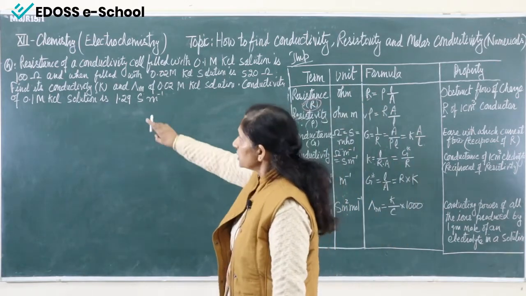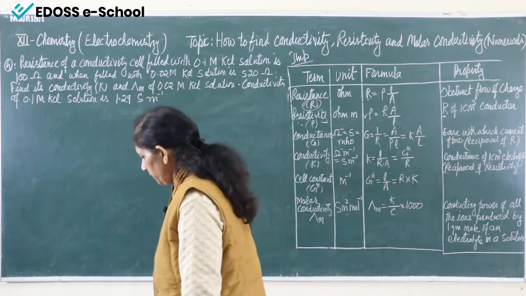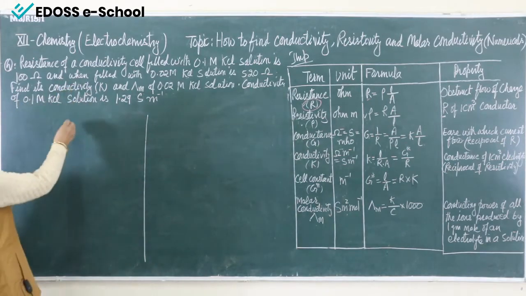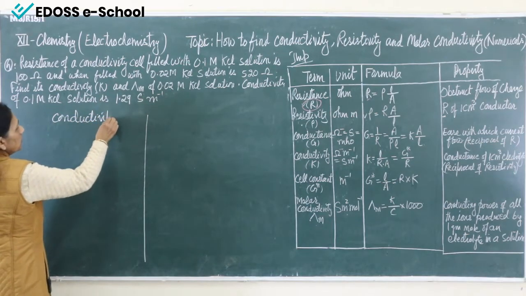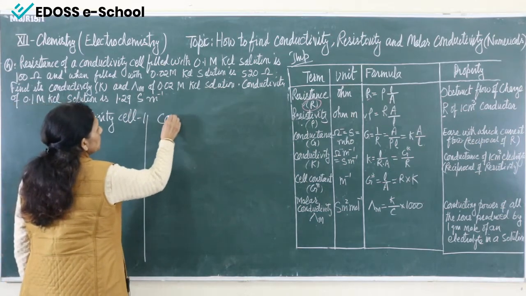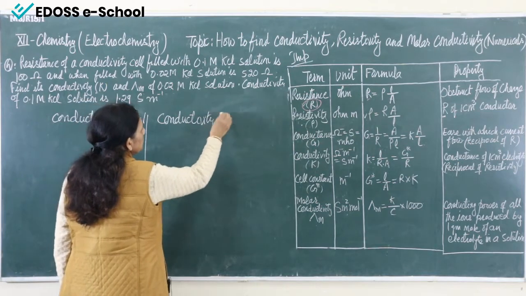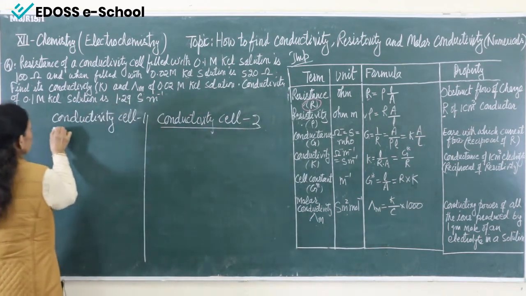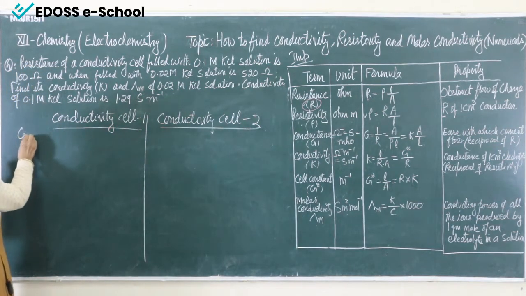So see here, in this question there are two conductivity cells, conductivity cell number 1 and conductivity cell number 2. First of all, let's see what is given to us.